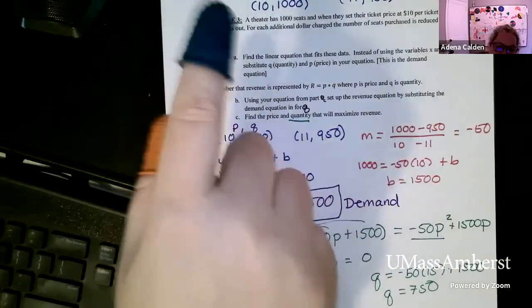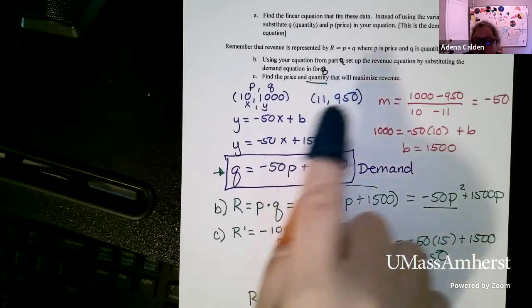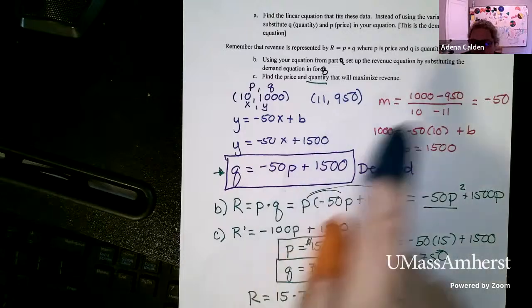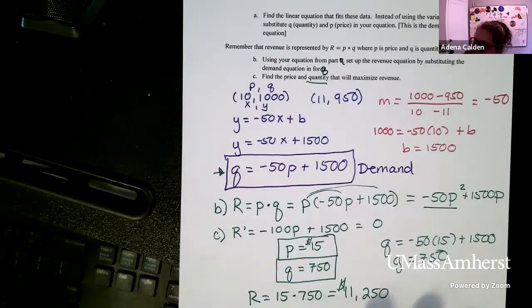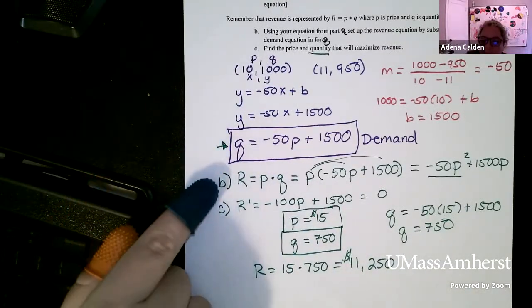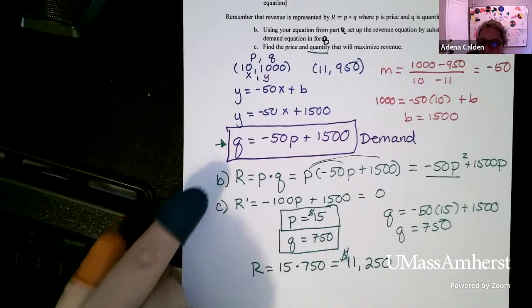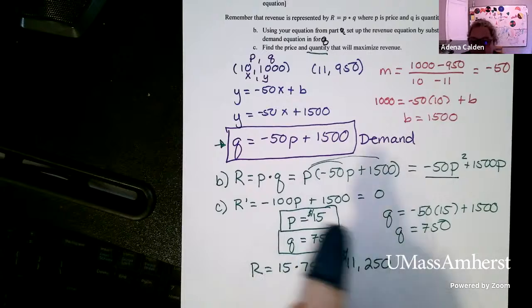So we have some setup here, and then the question will be something like, find the price that maximizes revenue, find the quantity that maximizes revenue, or find the maximum revenue. So all of those things come from finding the demand equation, now setting up your new revenue equation, finding critical points, and then finding the appropriate final answer.